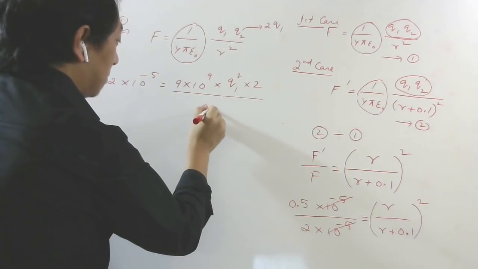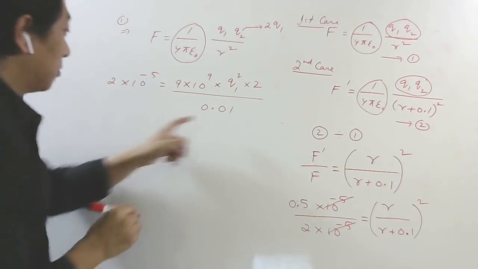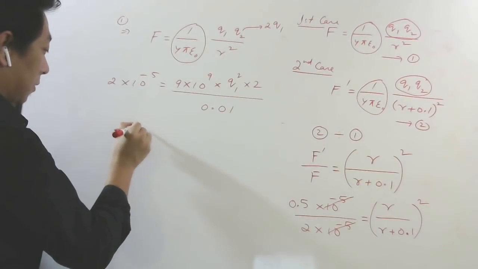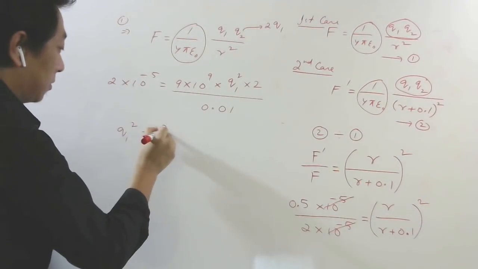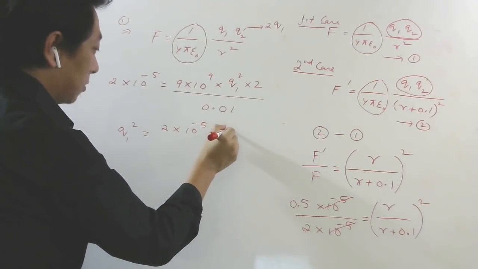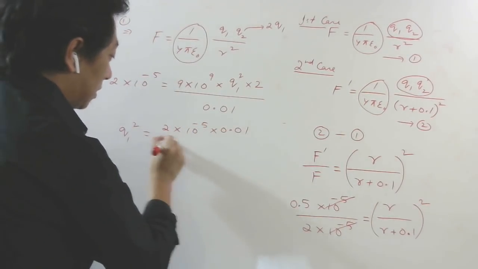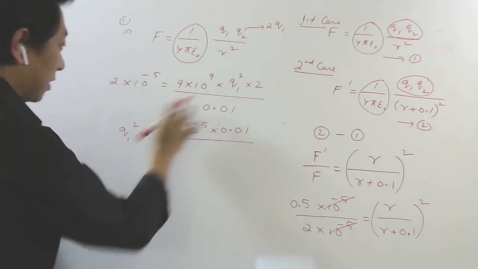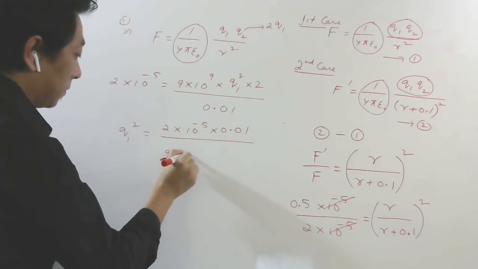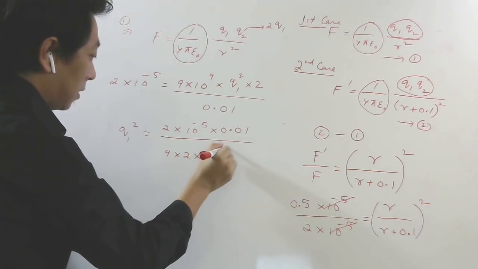So we write 0.01. Now cross multiply. So Q1 square will be this into this, 2 into 10 power minus 5 into 0.01 divided by this quantities will come in the denominator. So 9 into 2 into 10 to the power 9.